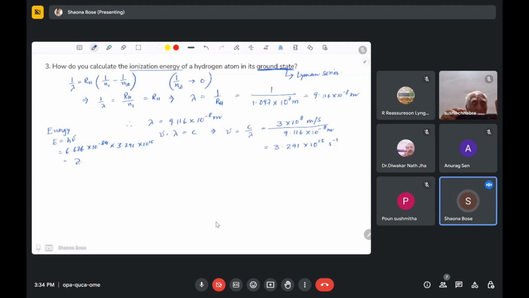So this comes out to be something around 2.181 into 10 raised to the power minus 18 joule. Okay, so this is the energy associated with this particular transition. If we have one electron in the hydrogen atom and we want to take that particular electron out from the single atom.